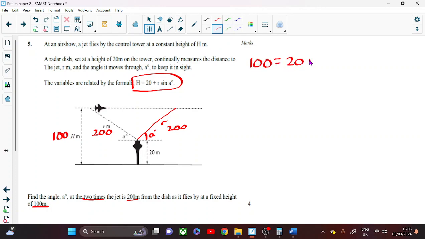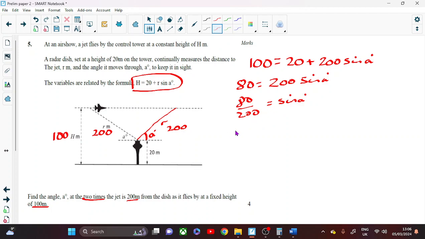We know that's 20 plus our radius of 200 sine our unknown angle. Rearrange to get sine A on its own. So I've got 100 take 20, so that's 80 equals 200 sine A. 80 divided by 200 is our sine A.